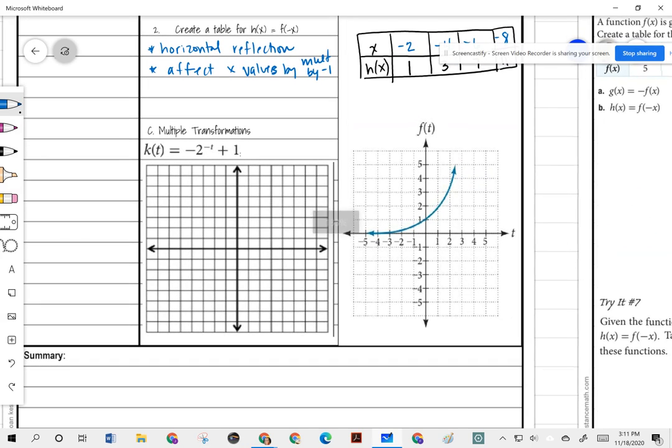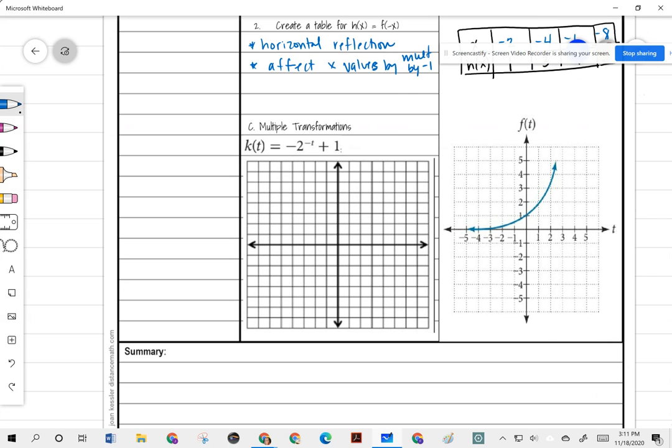And now let's take a look at what is happening with these multiple transformations. So let's first identify what transformations they are. Let's go in order from left to right. So we have a vertical reflection. We also have that's going to be affecting that x value, that input.